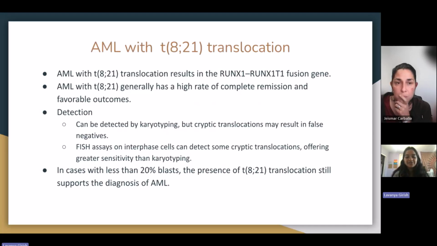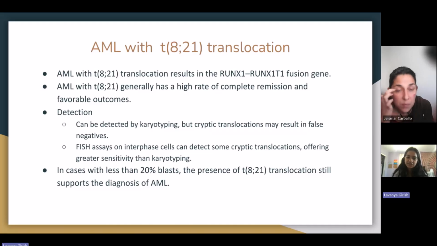Alright, AML. The next mutation is AML with a t(8;21) translocation. This translocation results in the RUNX1-RUNX1T1 fusion gene. AML with t(8;21) generally has a high rate of complete remission and favorable outcomes when it is diagnosed.